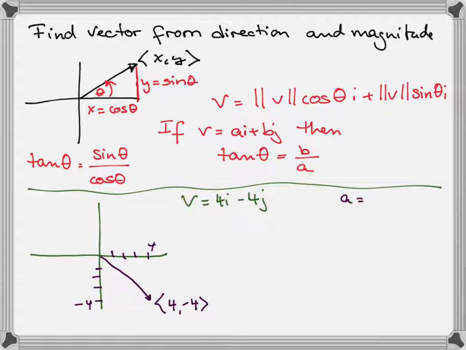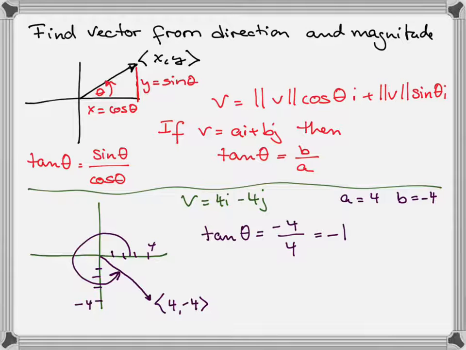So a in this case is 4, and b in this case would be negative 4. So to find the angle, be careful here, you are in quadrant 4. To find the angle, we have tangent theta equals negative 4 over 4, which is equal to negative 1.